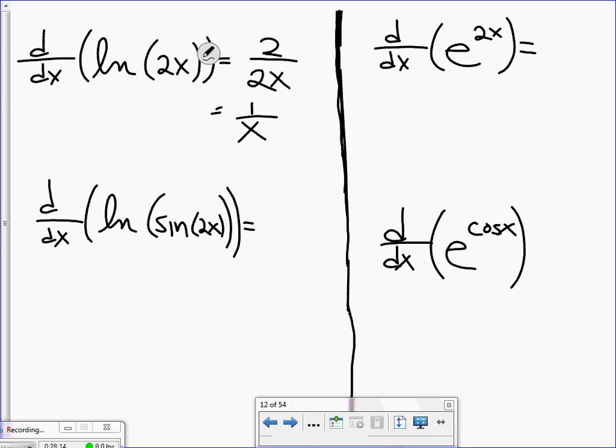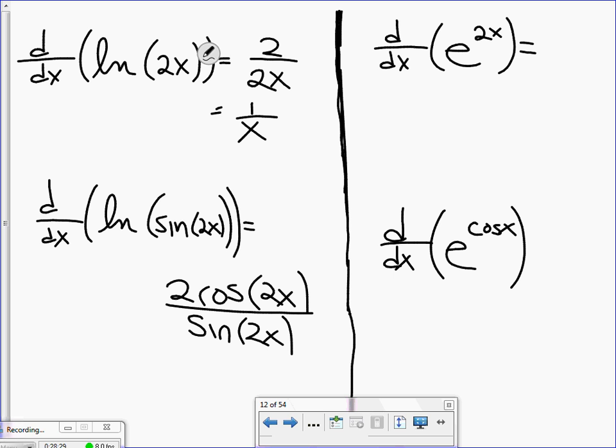You want the derivative of the ln of sine of 2x. What goes downstairs? Let's put that first. I always like doing the u down there first. Alright, its derivative. Beautiful. So that's that rule, right? Derivative of ln of u is u prime over u. Now we got the derivative of e to the u.